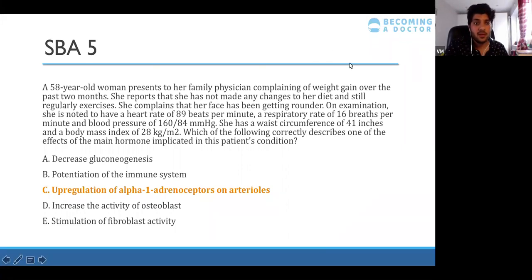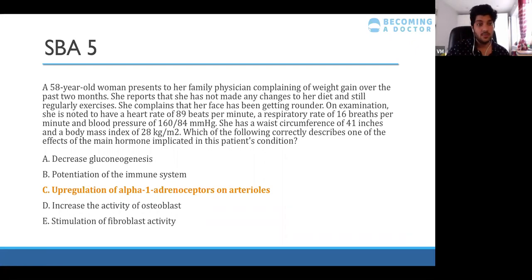So the main thing that you see here that is indicated in the question is decreased gluconeogenesis. You would not have that in hypercortisolemia. Cortisol increases gluconeogenesis, so it wouldn't be that.